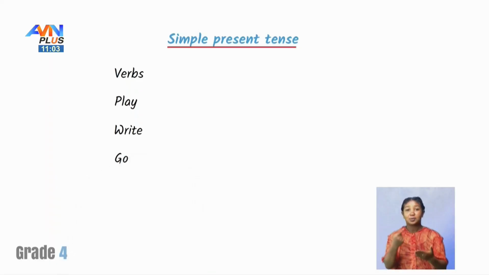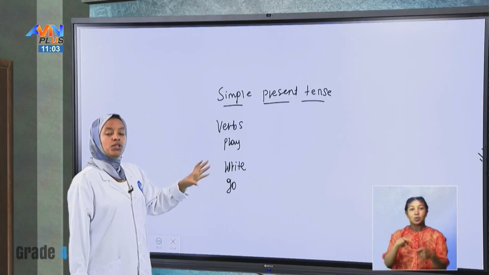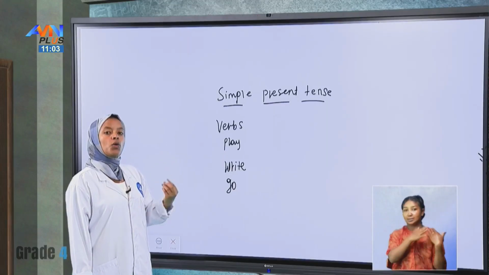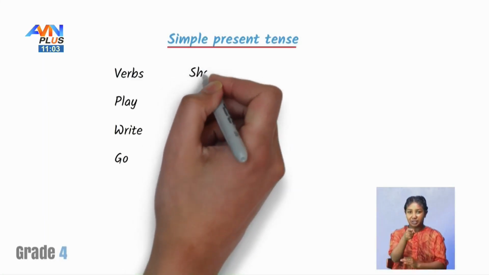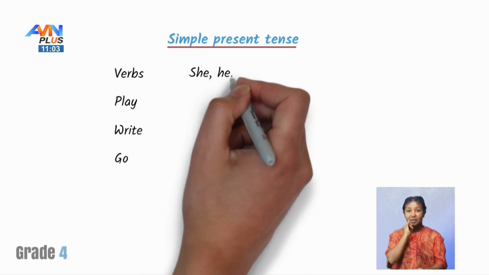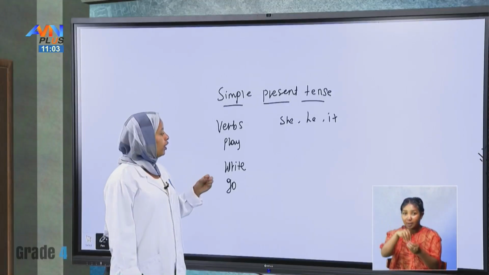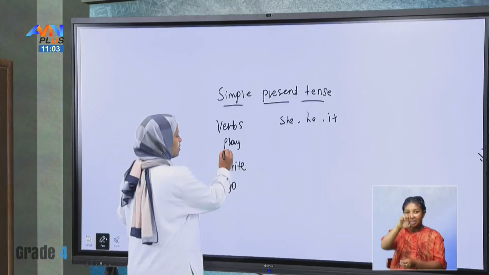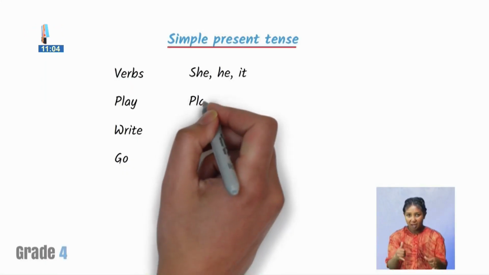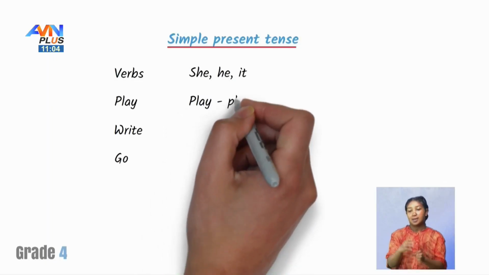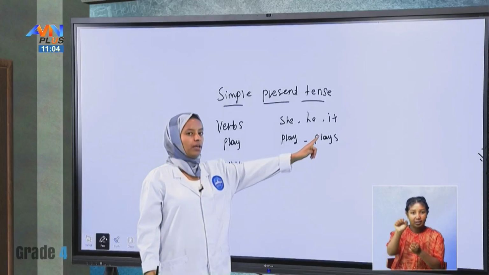And we can add s, es, or ies when we are using singular subjects or singular pronouns like she, he, it. The first is s, for example play, plays. We just add s at the end.